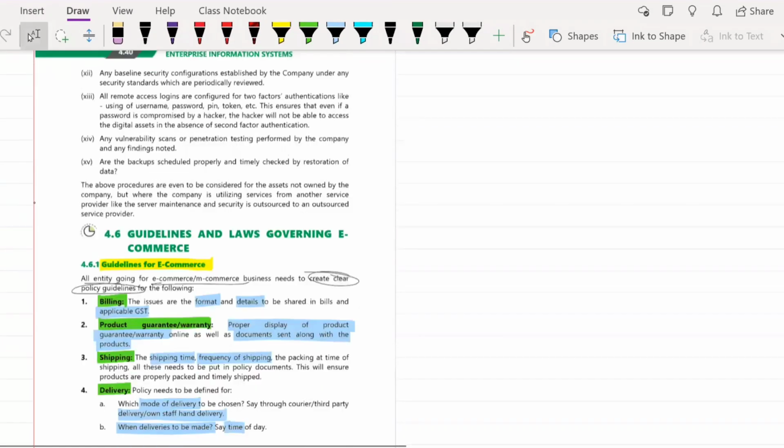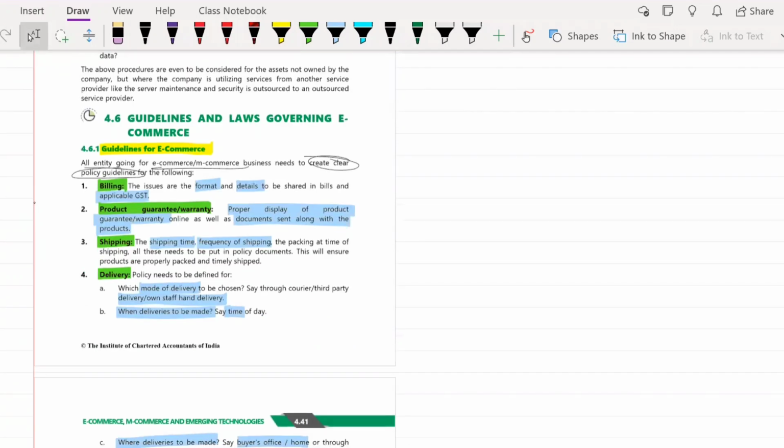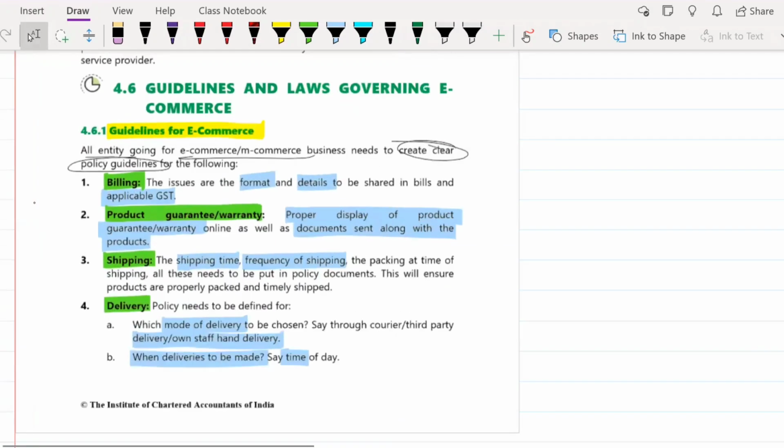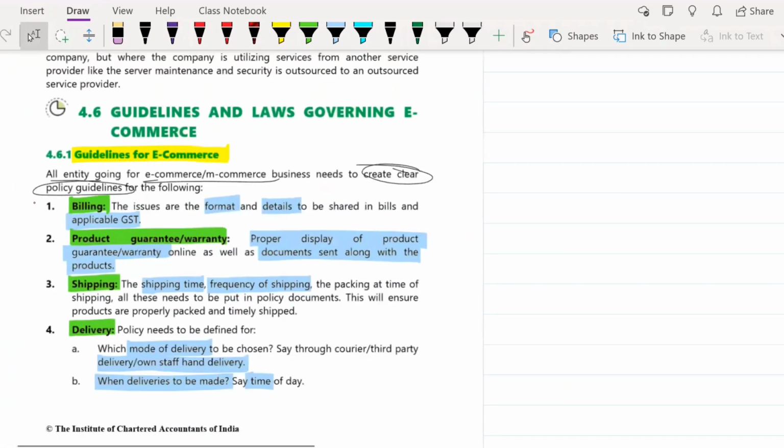Next we are going to study guidelines and laws governing e-commerce. In between, there are a few topics that I'm leaving here and there; I'll cover all of those at the end when the right time comes. As you all know, any business you run has laws and guidelines you have to abide by.